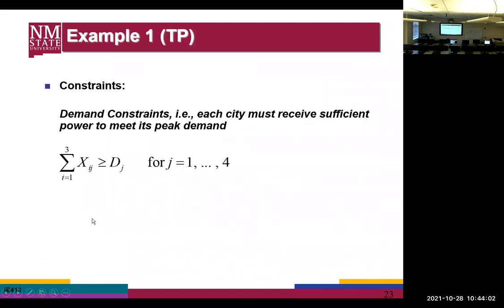So the next set of constraints is what we call the demand constraint. In this case, we need to ensure that each city will receive a sufficient amount of power to meet its peak demand, right? Because each city demands power, each is a demand point.